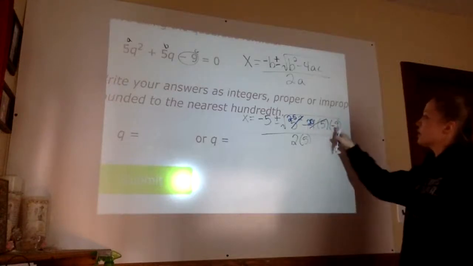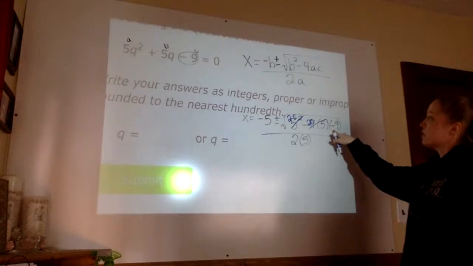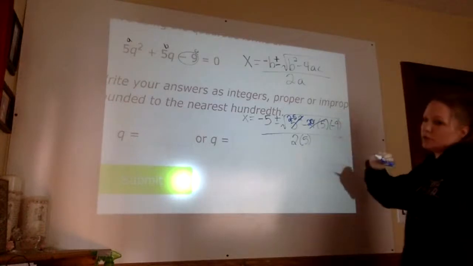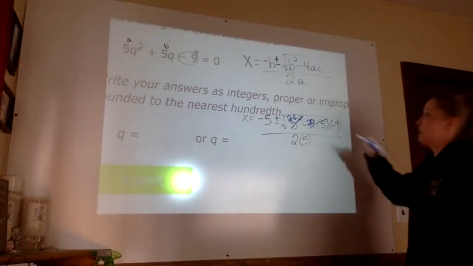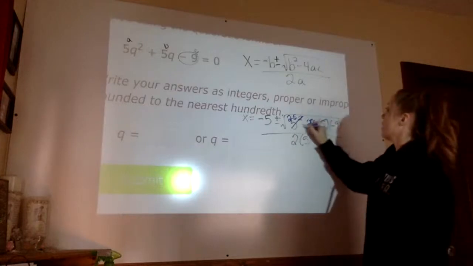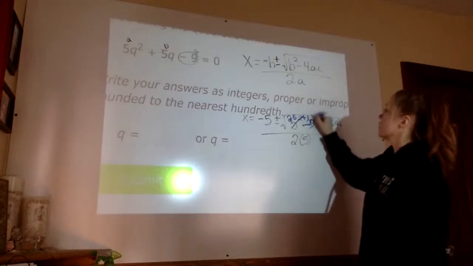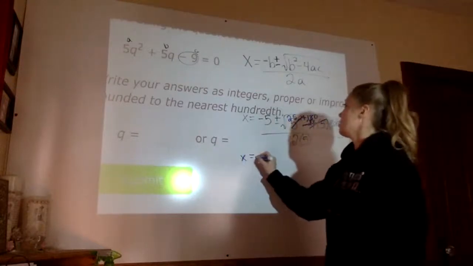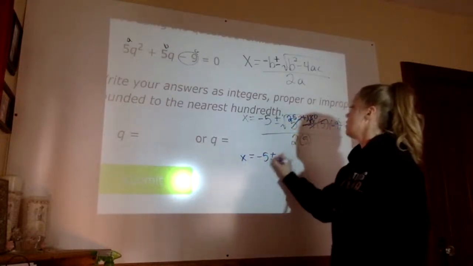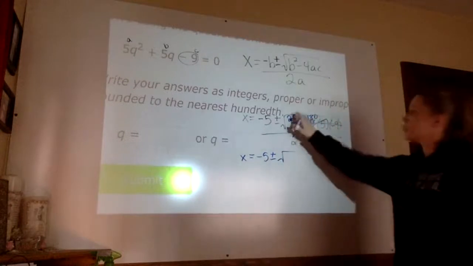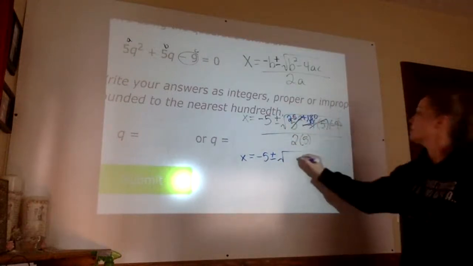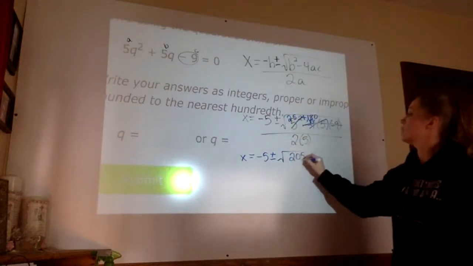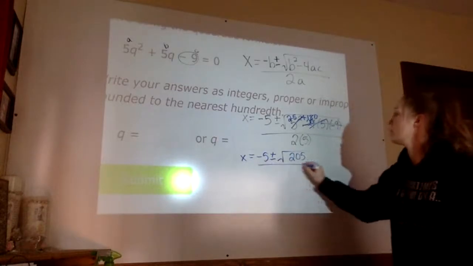And then negative 20 times negative 9 is going to be a positive 180. So that's going to be a positive or plus 180. So I've got x equals negative 5 plus and minus the square root. 25 plus 180 is 205. All over 10.